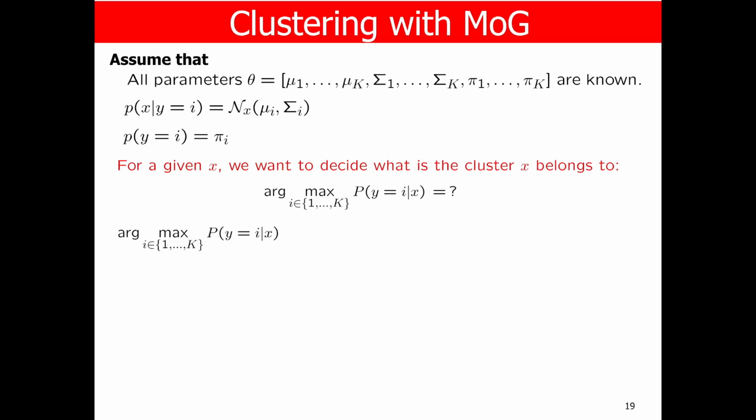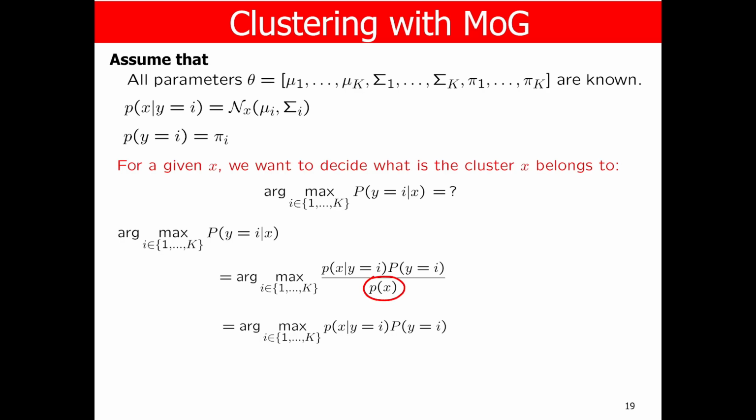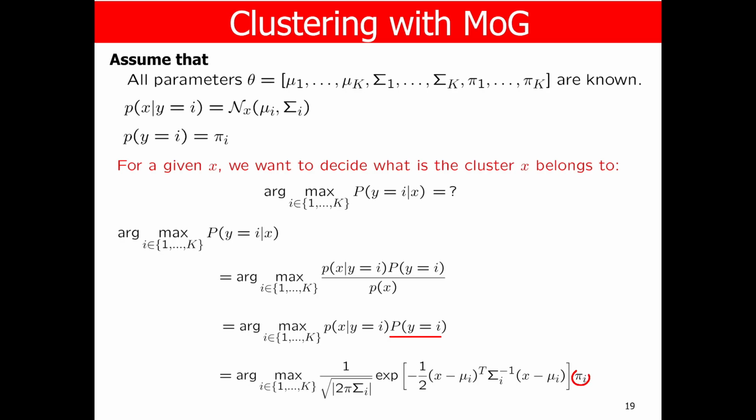Let's calculate these probabilities. Using the Bayes rule, we can calculate p(y = i | x) as this expression here. Since the denominator doesn't depend on i, we can ignore that in this maximization problem. Here, the first term is Gaussian, and the second term is just pi i by definition.